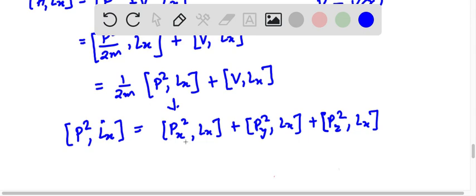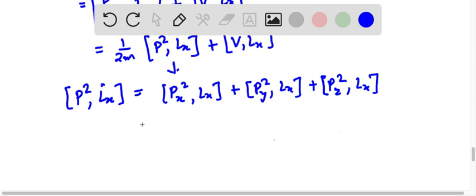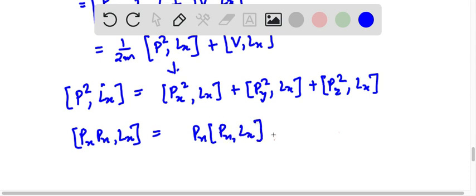And now this will be, that is [pxpx, Lx], that means [px px, Lx] is equal to, and this will be [A, BC], that is px [px, Lx] plus [px, Lx] px, and B is px.